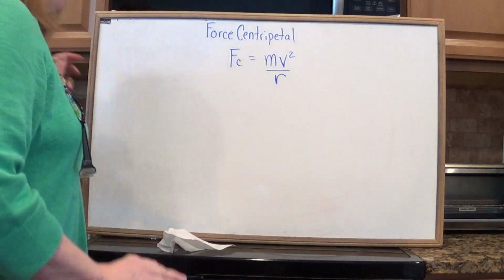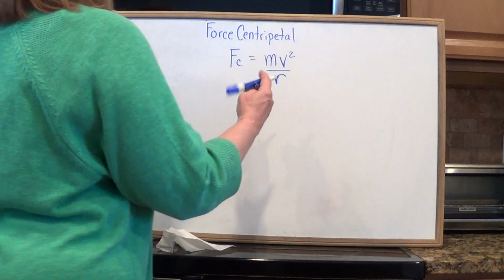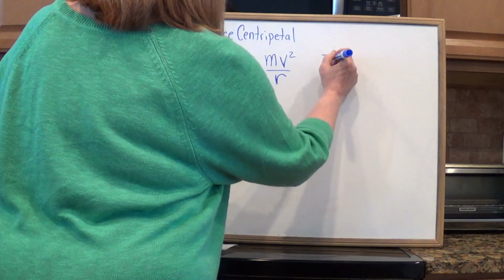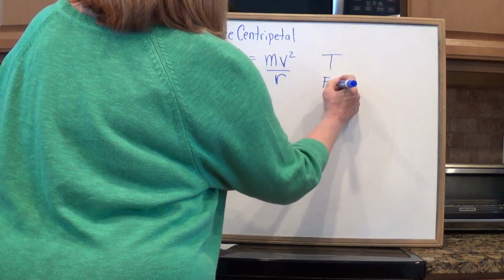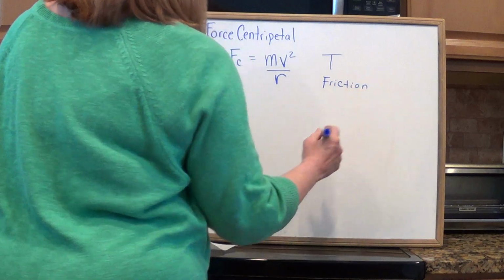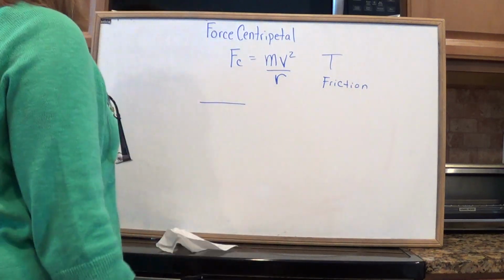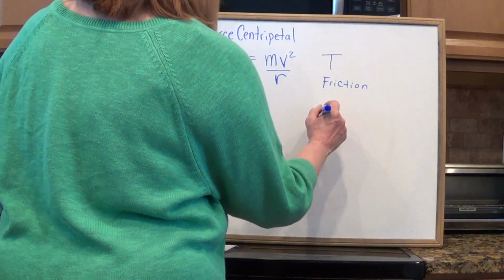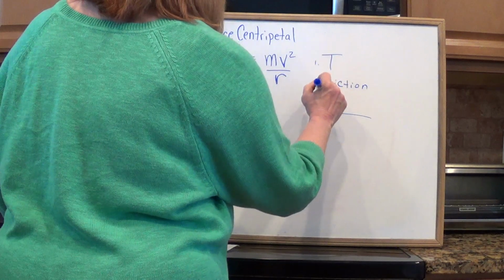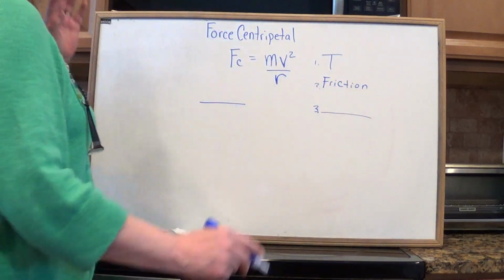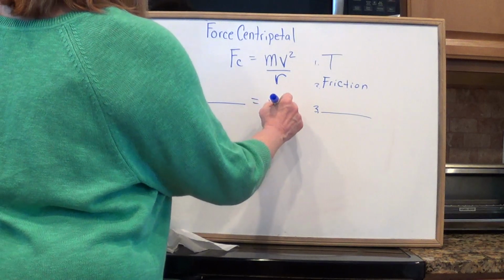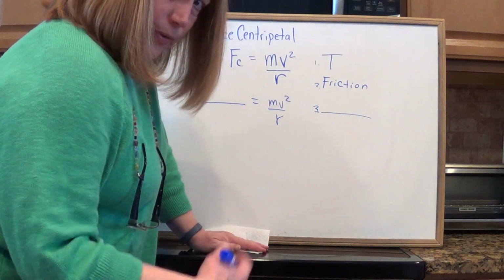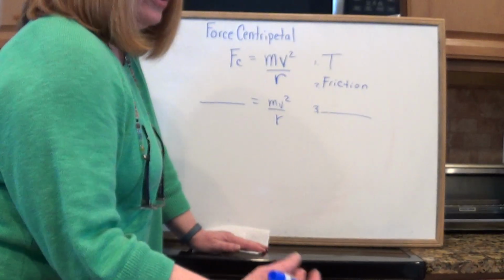All right, now for the new material. We are going to find out that there's another force. We talked about tension and we talked about friction being causes of centripetal force, and just for a tiny moment we talked about force normal, but we're going to drop that one. Let's just look at the third big player. So 1, 2, 3. There's another force out there, and it provides force centripetal, in the case where, for example, the moon goes around the earth or the earth goes around the sun.